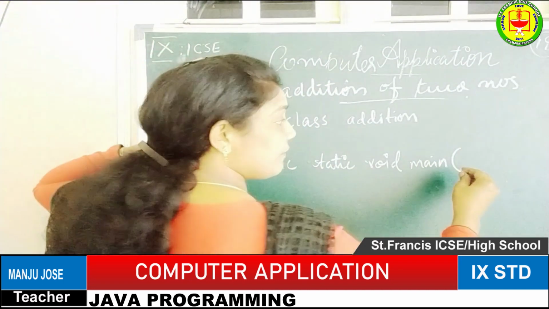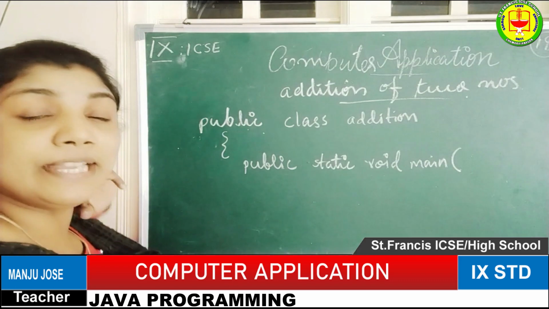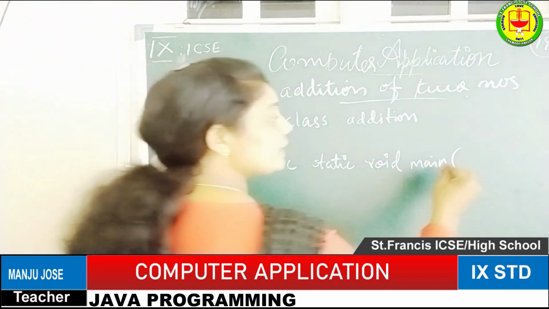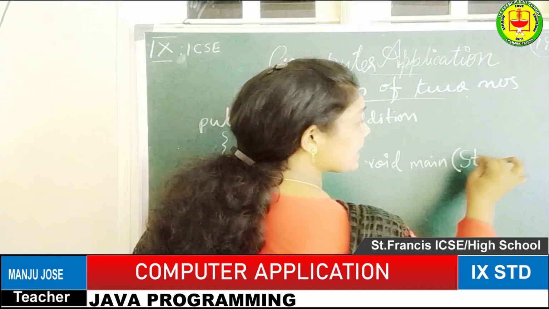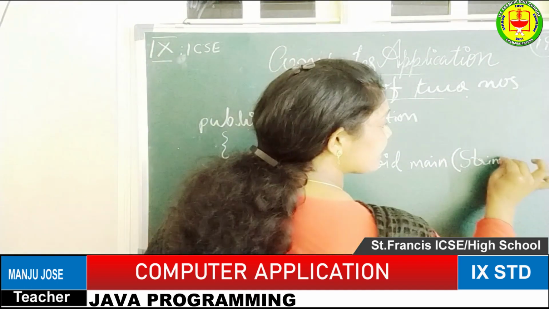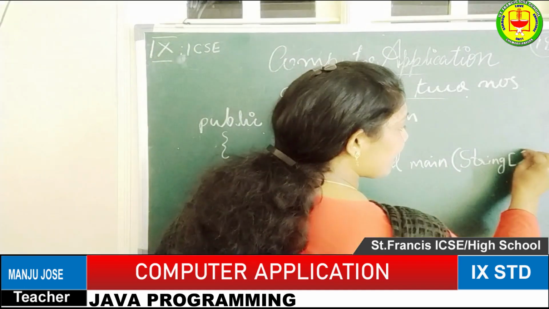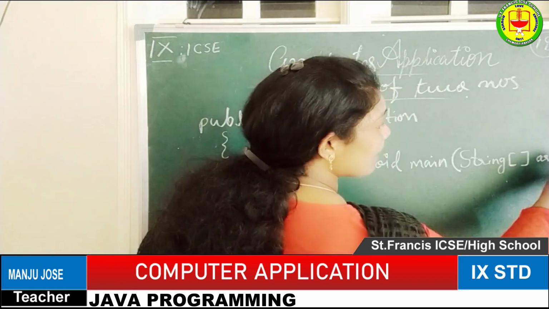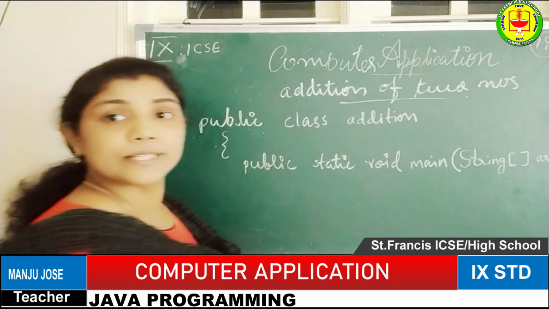Inside that we give the accessing variable, or argument list. So here I am giving String, with S as a capital letter, then square bracket, space, args, close the bracket, then close the bracket.